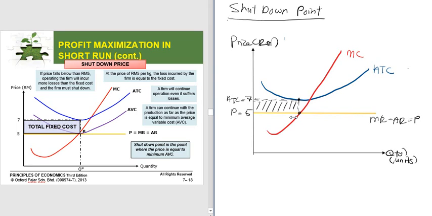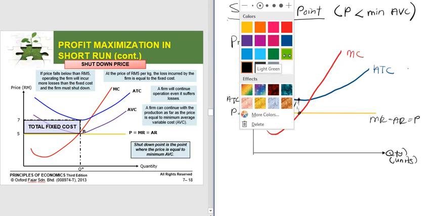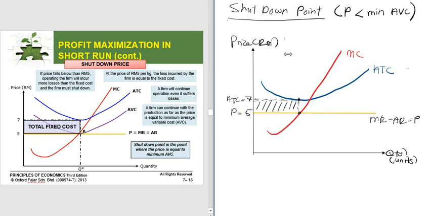Now we will decide how a firm makes a decision on whether to shut down the business or not. They have to look at when the price is lower than the minimum AVC, average variable cost. So let's say I draw an average variable cost curve here.